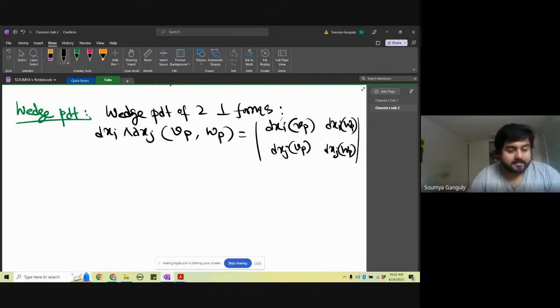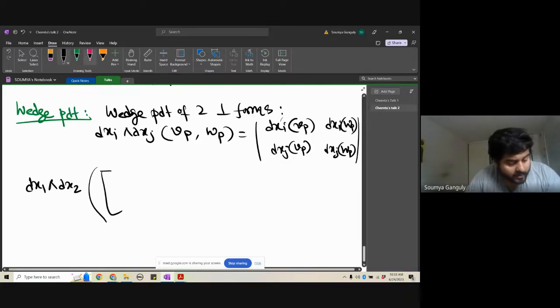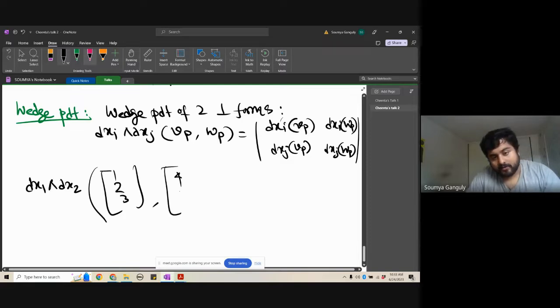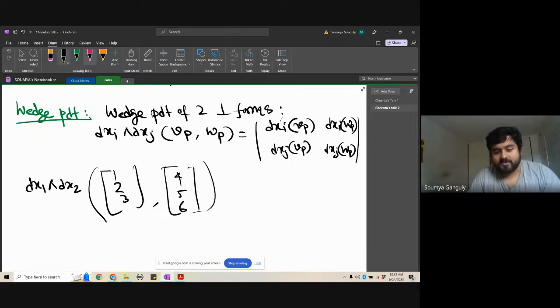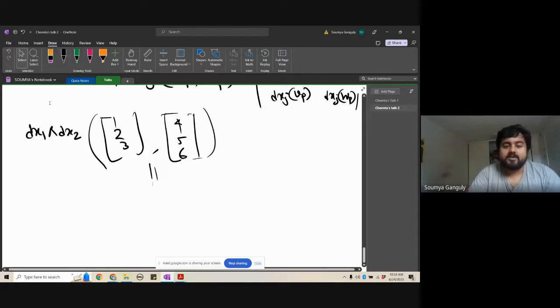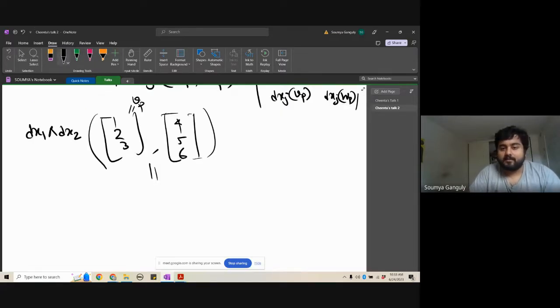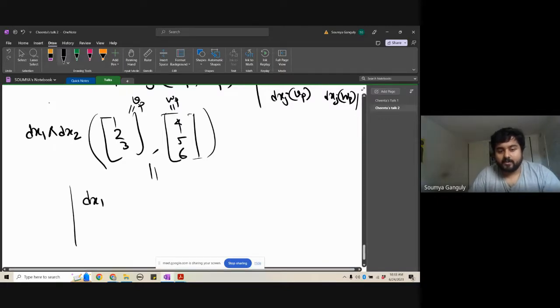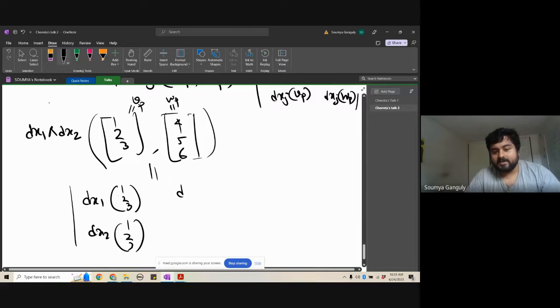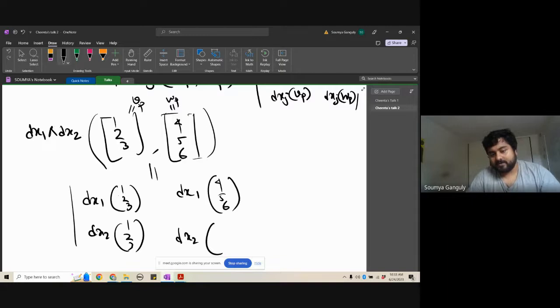So now, let me give you an example. dx1 wedge dx2 of, suppose, these two vectors, 1, 2, 3 and 4, 5, 6. You want to know what this is? Again, just apply the definition. This is your VP, this is your WP. So the definition is dx1 of 1, 2, 3, dx2 of 1, 2, 3, dx1 of 4, 5, 6, dx2 of 4, 5, 6.